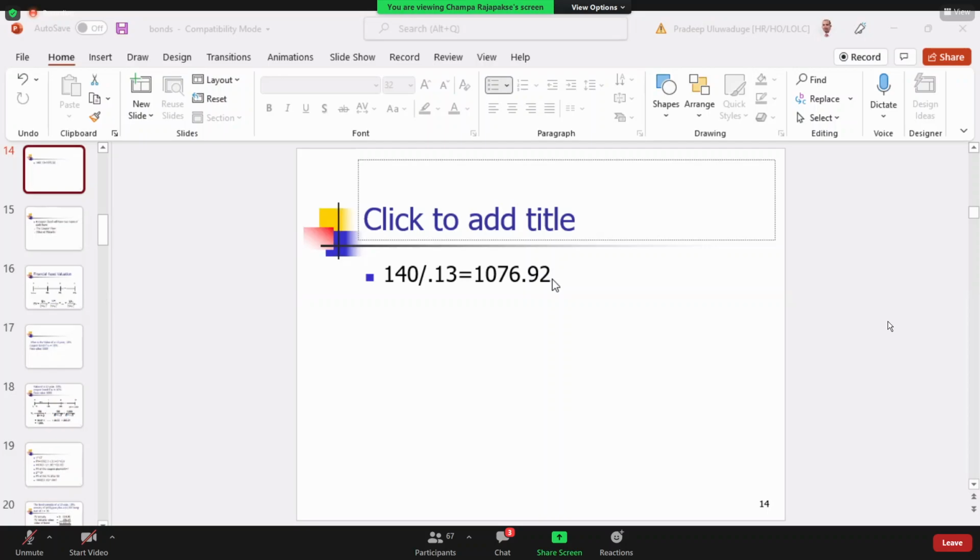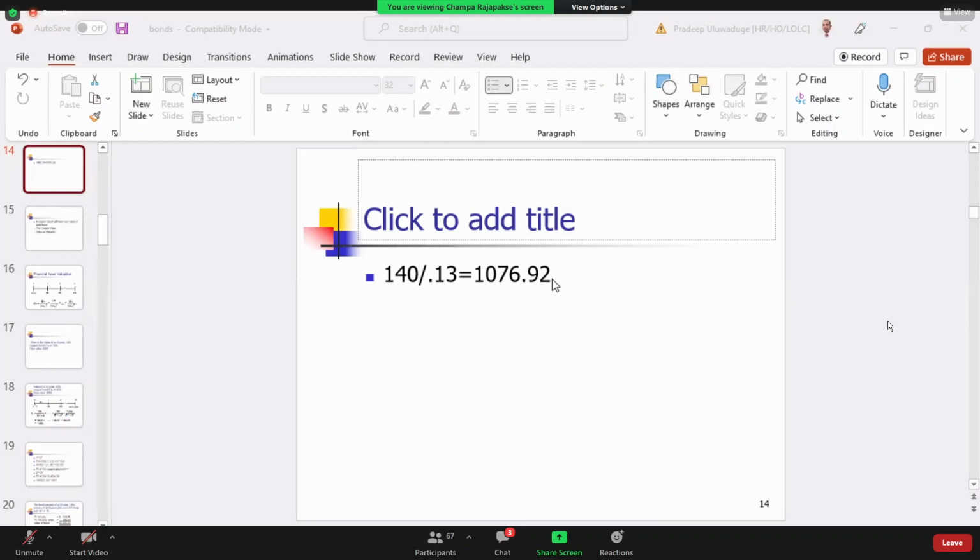So you calculate the present value of a perpetuity by dividing the periodic payment by the interest rate. The discount rate is 13%. So 140 divided by 0.13 will give you 1,076.90. So this is the value of that bond.